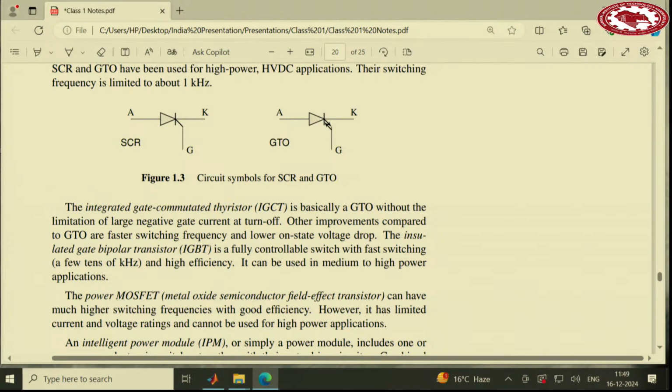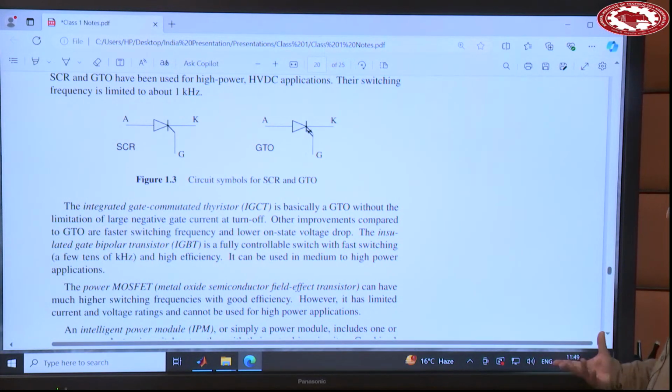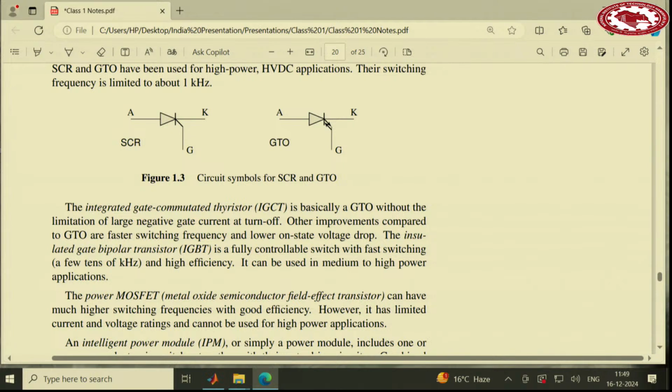IGCT is a GTO in terms of structure, but that limitation of GTO, which is a large amount of negative current at the gate, has been addressed. And also the switching frequency is higher and the on-state voltage drop is lower compared to the GTO.